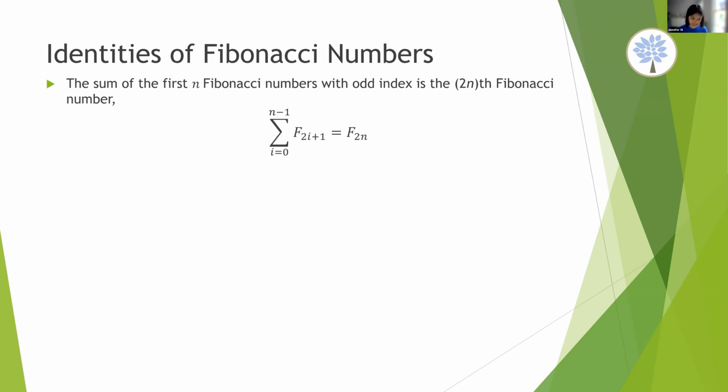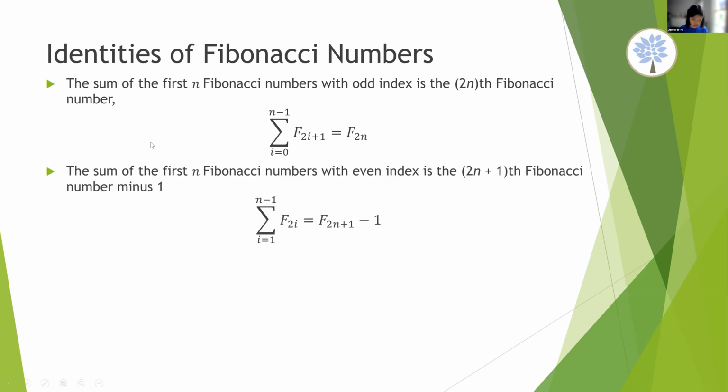Two other identities are: the sum of the first n Fibonacci numbers with odd index is the 2nth Fibonacci number, and the sum of the first n Fibonacci numbers with even index is the 2n plus first Fibonacci number minus 1.